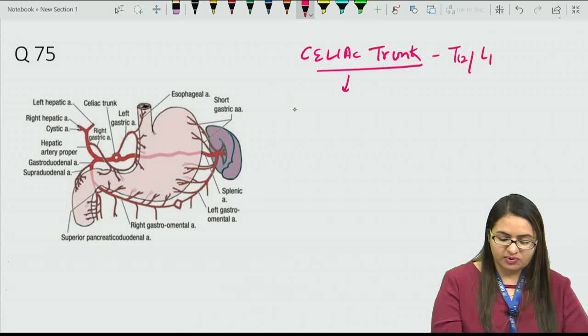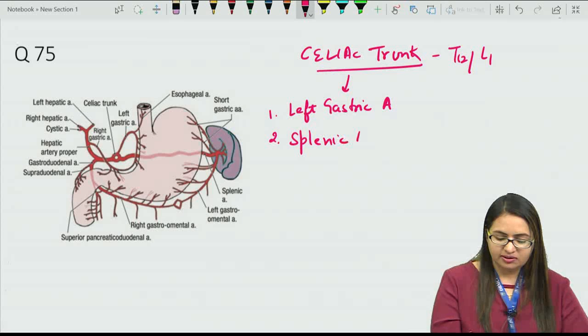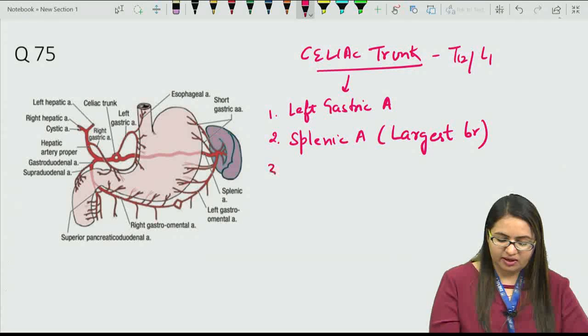Then further it gives three branches. First is the left gastric artery, then the splenic artery, which is the largest branch, and after that it gives the common hepatic artery.